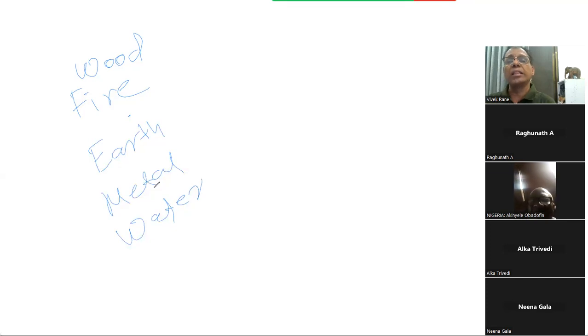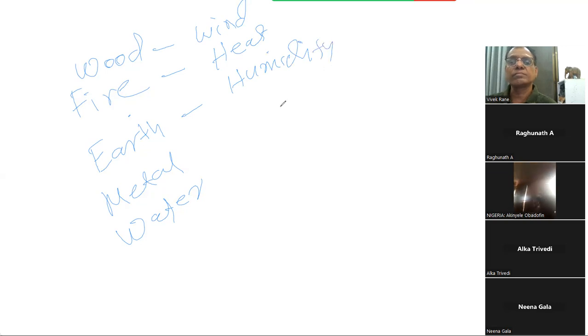And their energies: wood energy is wind, fire energy is heat, earth energy is humidity, metal energy is dryness, and water energy is coldness.